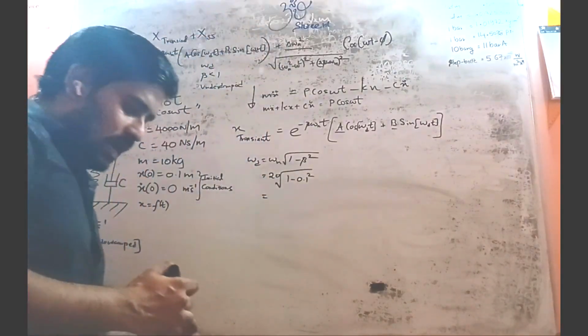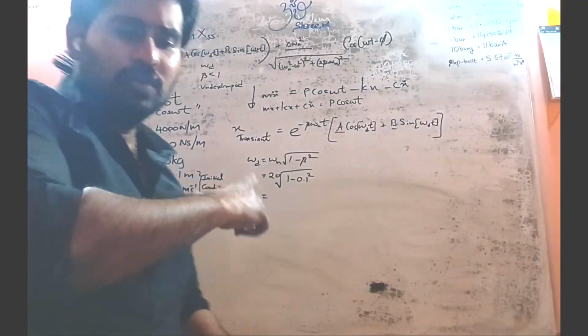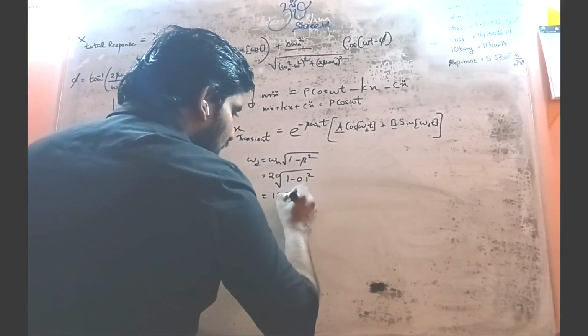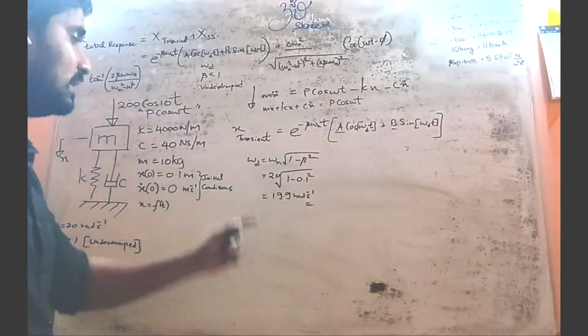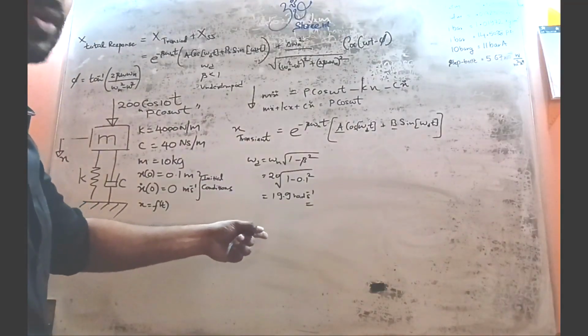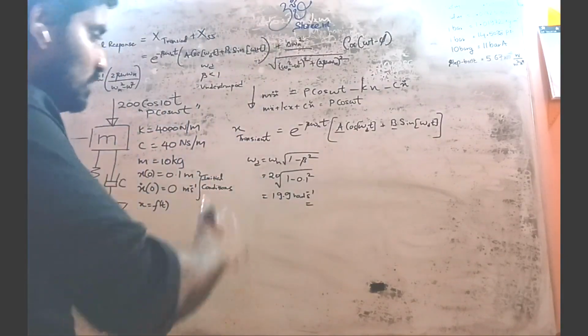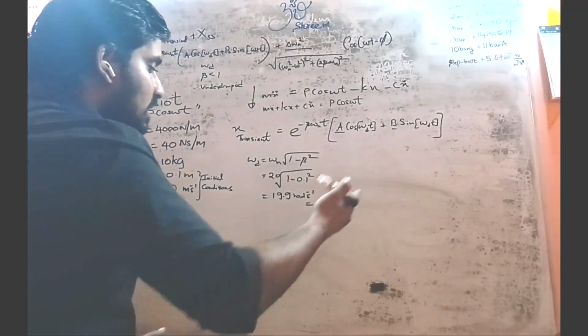If you carefully do the calculations, you will obtain this value as 19.9 radians per second. Be very careful, don't say that it is 20, don't get the wrong rounded value. If you do this simplification, it is clear that it is not 20 radians per second, it is definitely lesser than that.